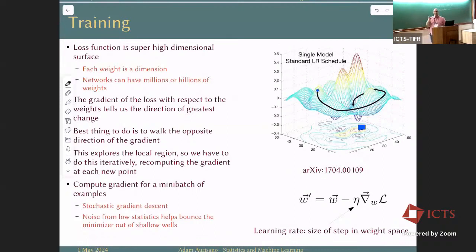If you do it over mini batches, so basically you take like 32 examples of training data, you compute the gradient relative to that and then go. Then you put that data aside and take a new batch of 32. So each time you're doing this, it's actually a new loss surface that you're looking at.